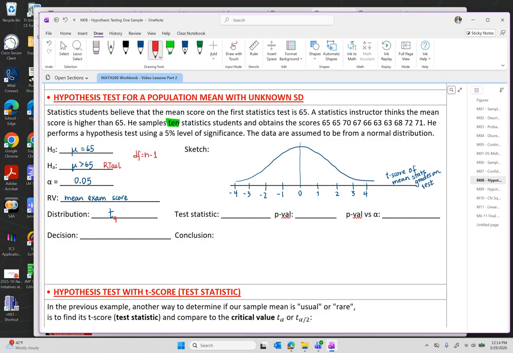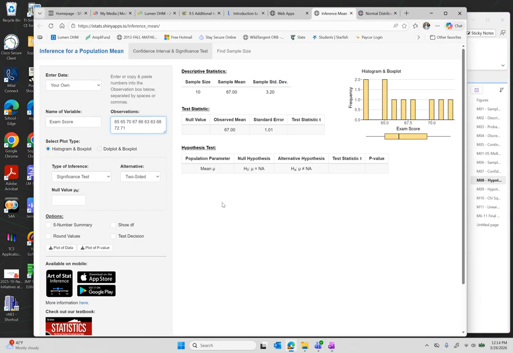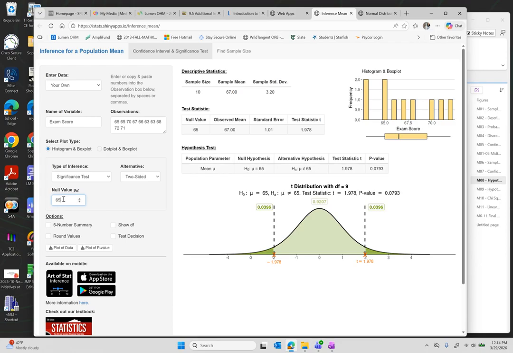And I need to find what the sample mean is and what test statistic that provides, what kind of t-score that provides. But ArtofStat will do that for me. So for the null value of the mean, we want to say that this is 65, and we need the alternative hypothesis to be greater than.